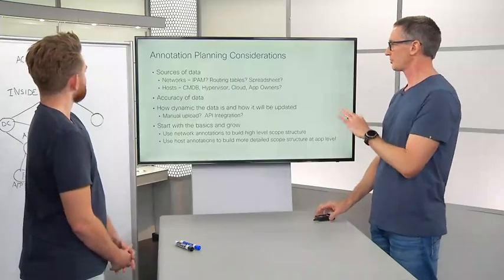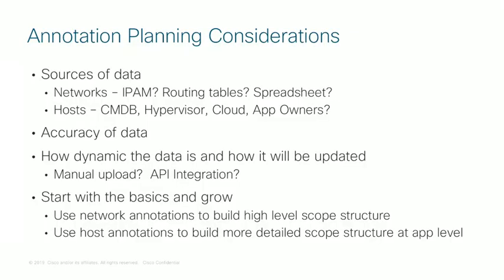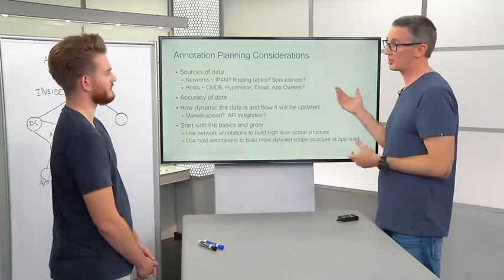So I think we've touched on a couple of these components, but this is really just a bit of guidelines, a bit of thinking about how we actually build the annotations. So the initial sources of data, and this is really when you're getting started, it's a question of what do you have already. That information typically exists already. So network level information in an IPAM, could even be in a spreadsheet somewhere.